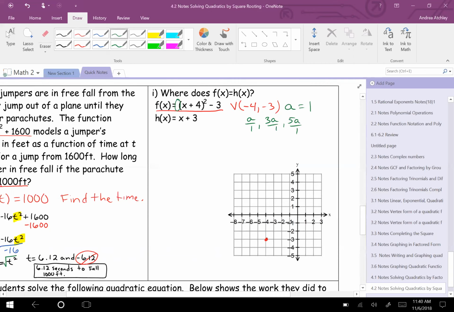So from the vertex, we're going to go up 1 and over 1, up 1 and over 1. Then up 3 and over 1. Then up 5 and over 1. You want to try and graph your parabola as accurately as you can, because you do want to see where they intersect.